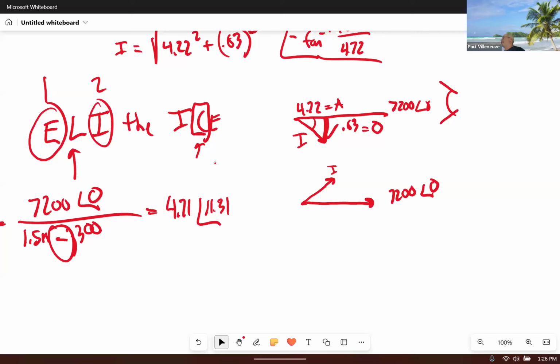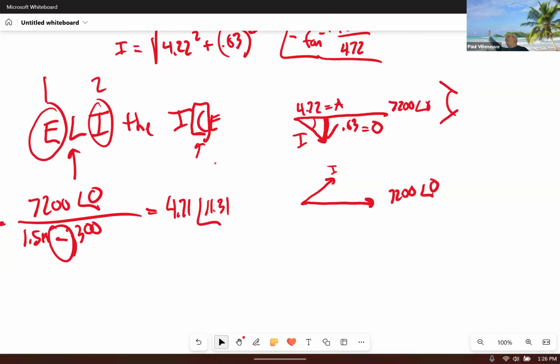Yes, sir. Why is the voltage represented by the letter E? That's just because it works that way. Instead of saying something awkward, we just call it ELI the ICE man. If you go back to physics books, some people use E for voltages.